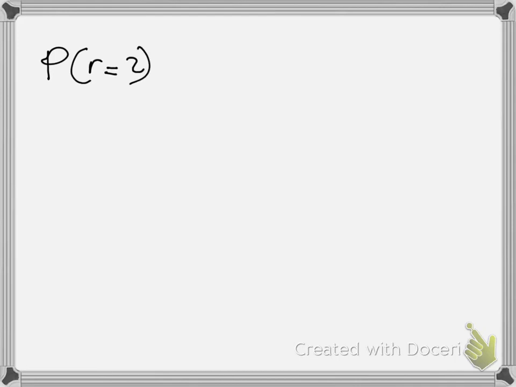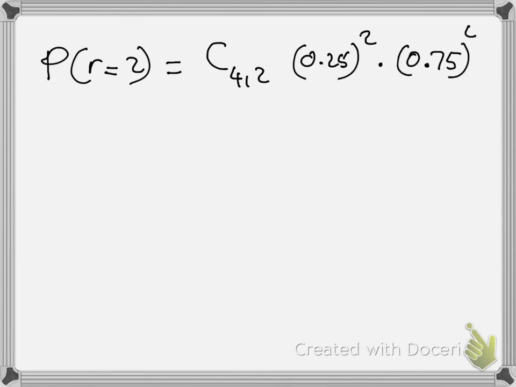Using the formula, we have n choose r, so 4 choose 2, and then p, which is 0.25, to the power r, so squared, times q to the power n minus r, so that's 4 minus 2.